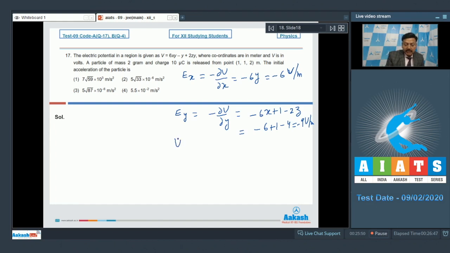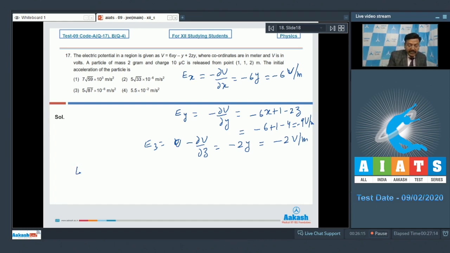And similarly, let's find Ez, which is minus del V by del Z, and this is simply minus 2y, and if you put the value of y, which is 1, at this point it is minus 2 volt per meter.